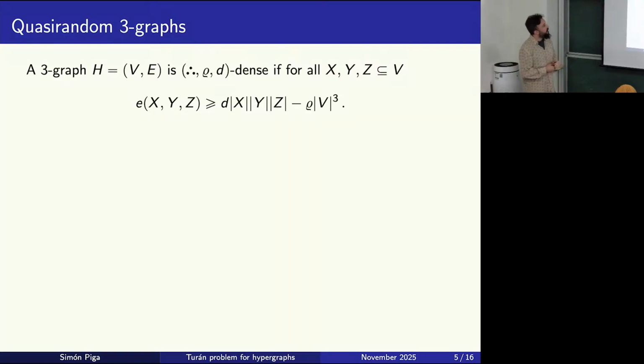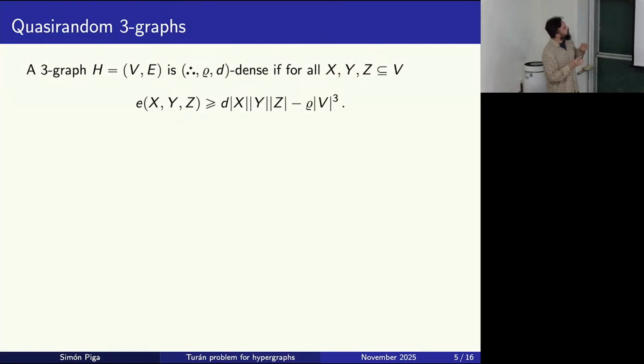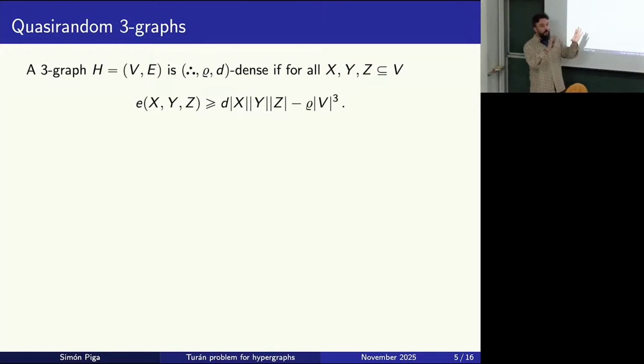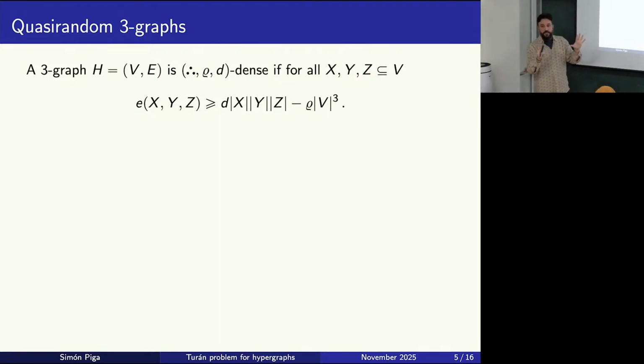Okay, so again, the quasi-random 3-dot density means that everywhere you look, there is always at least a d proportion of the edges everywhere.